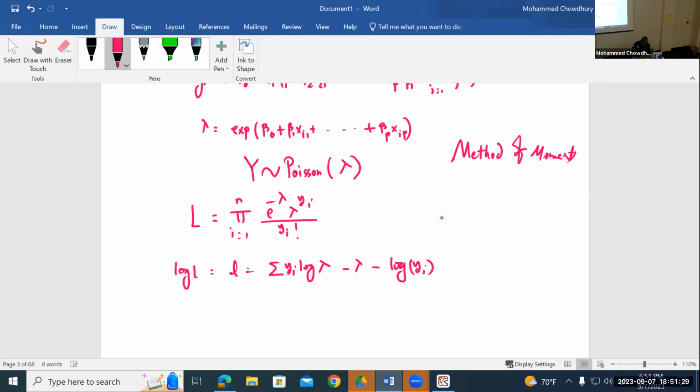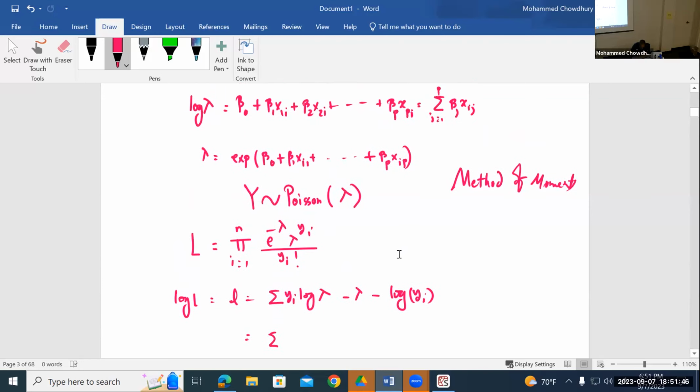After doing that, I can plug in the value: log lambda is equal to that, so I can plug it in.